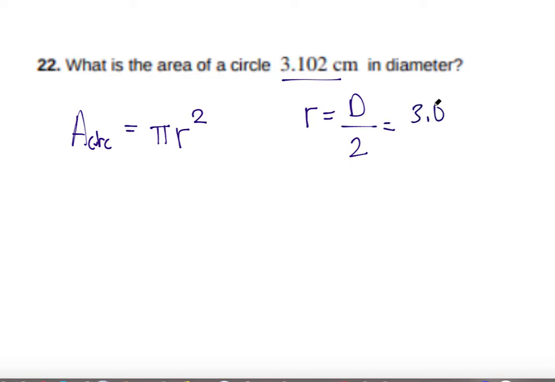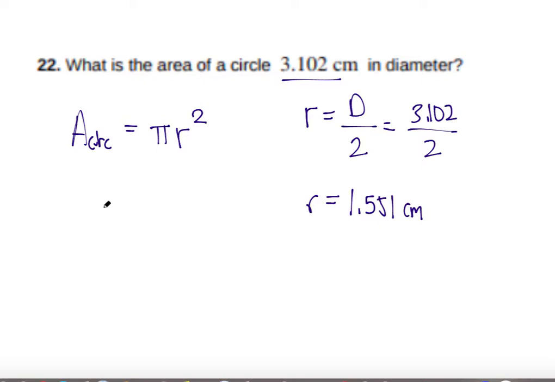So 3.102 divided by 2. Now I don't need to worry about rounding here because the radius is always exactly 1/2 of the diameter. So it doesn't matter if my significant figures change. So I have 1.551 centimeters is my radius.